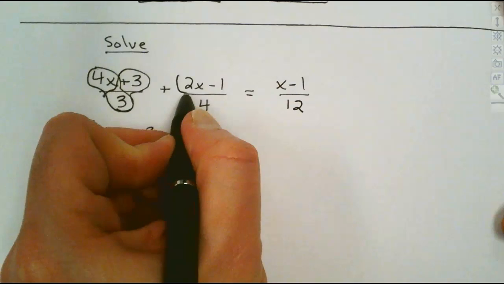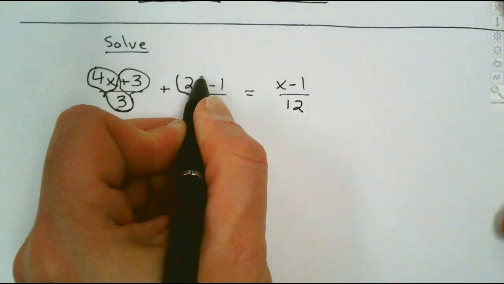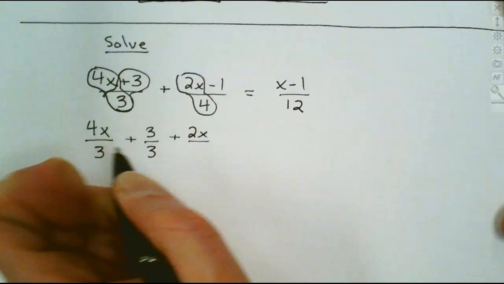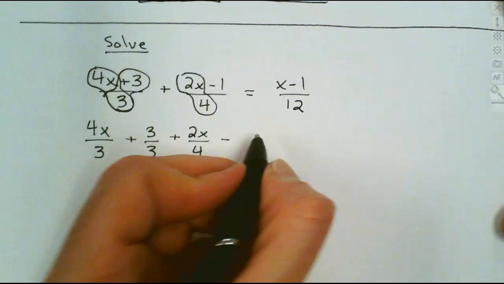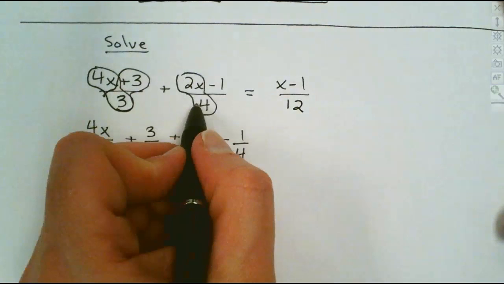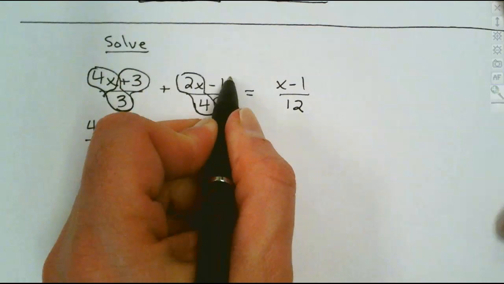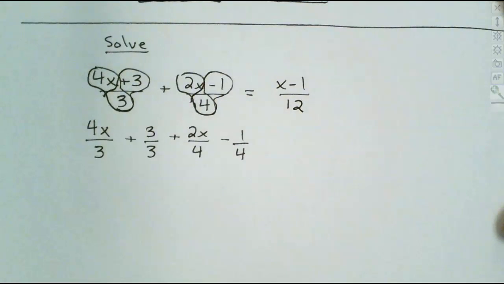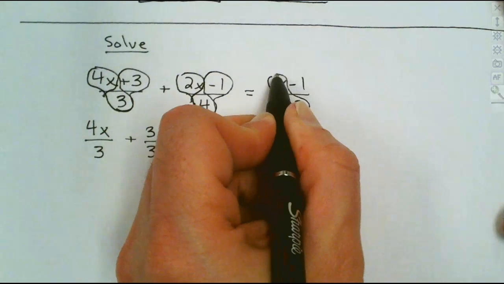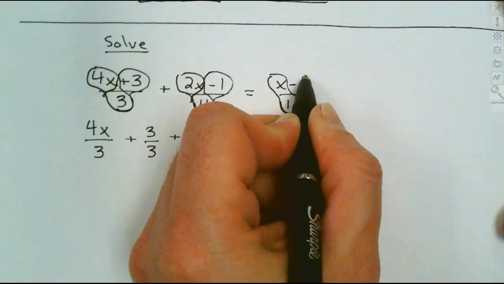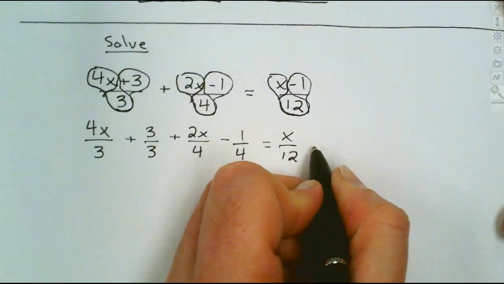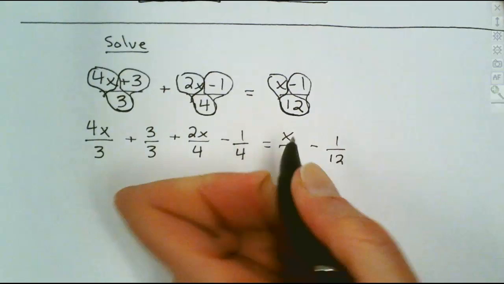Repeat the process here. The only reason I'm breaking it up is so you don't make a mistake. If you try to do too much at once, a lot of times students will make a mistake and distribute wrongly. So we're going to split this one up into the 2 pieces as well. And then over here, split it up also. And that's going to be x over 12 minus 1 over 12.